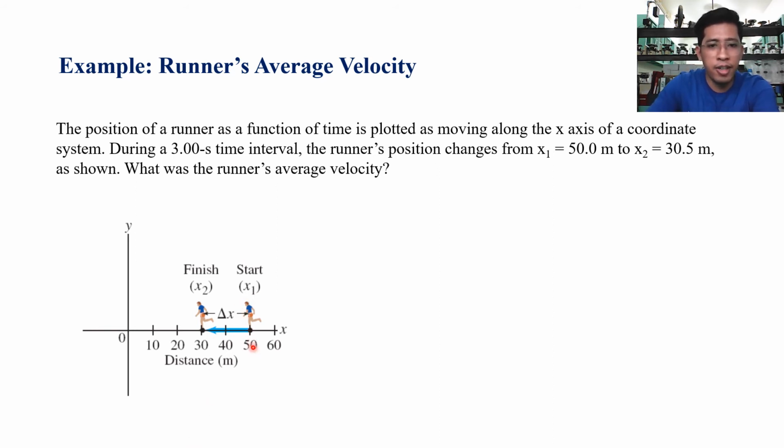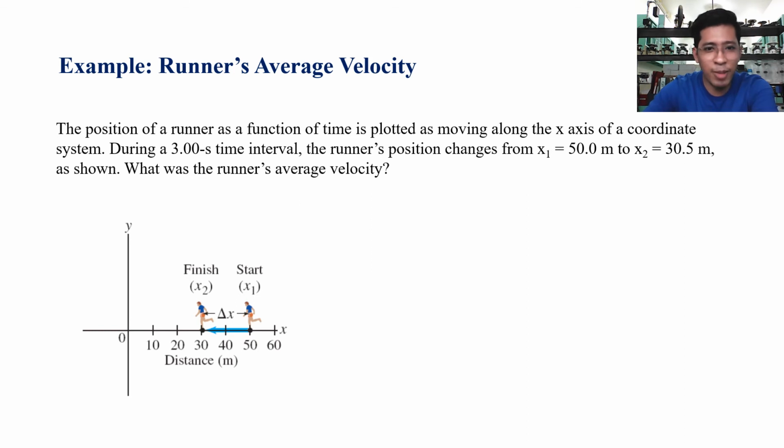Here, your runner started from x equals 50, travels to the left, and ends at x equals 30.5 meters. The problem is, what was the runner's average velocity? You can pause the video and solve the problem yourself.